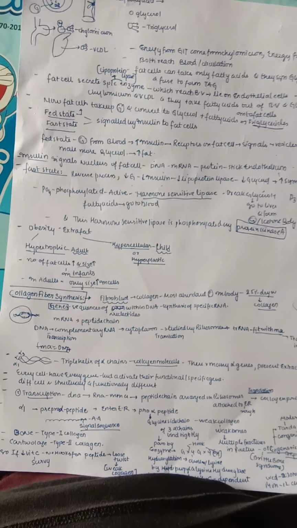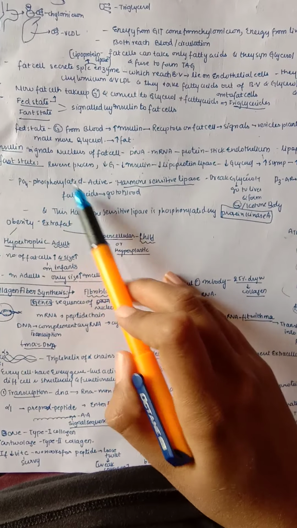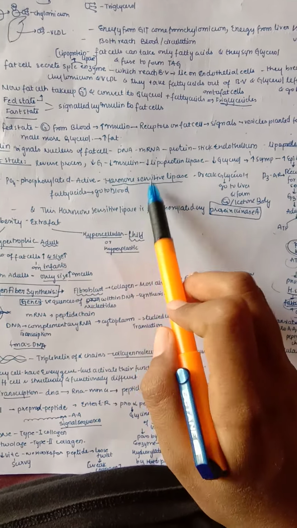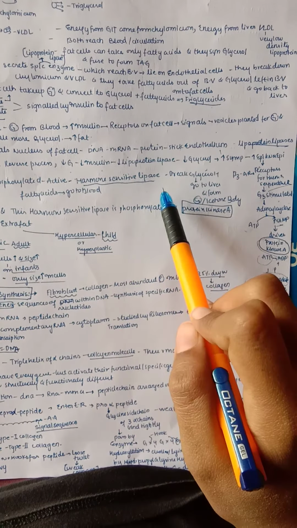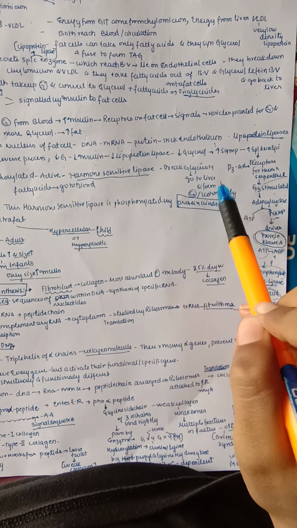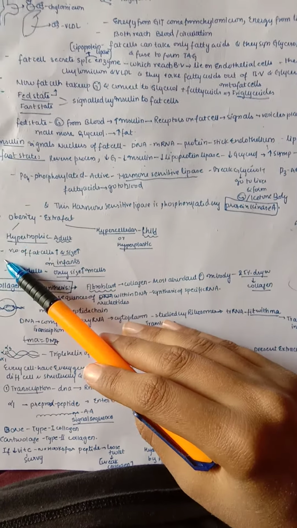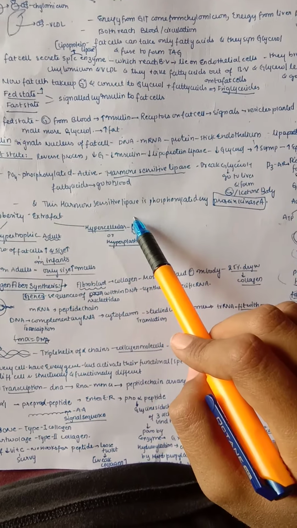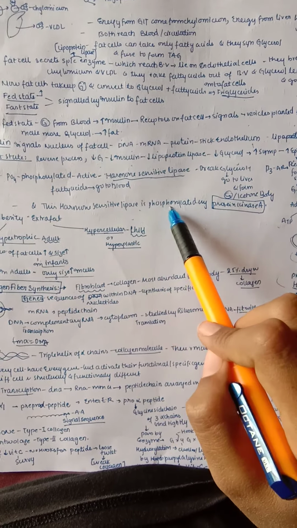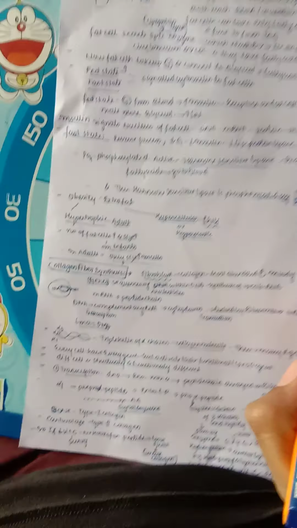Here we can check this process. Only when phosphorylated is hormone sensitive lipase active, and it breaks down the triglyceride, and the glycerol goes to the liver and forms glucose, or it may also form ketone bodies. And this hormone sensitive lipase is phosphorylated by protein kinase A.